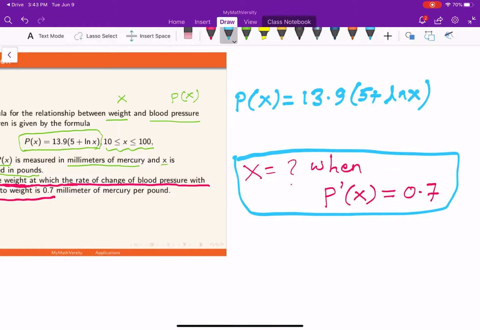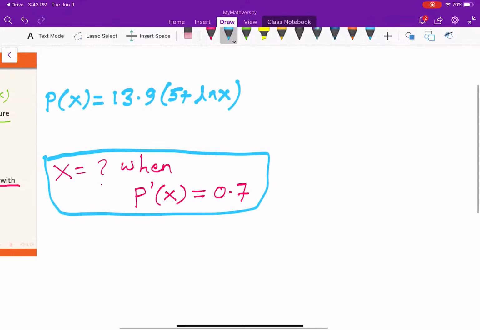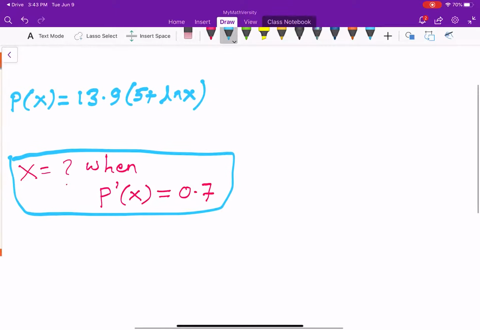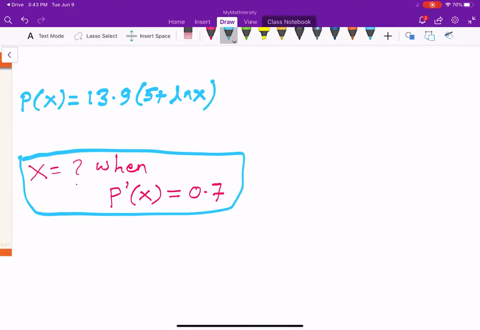Since we have extracted all of the necessary information, let's focus on this. We have P of x equal to 13.9 times (5 plus ln of x). Our goal is to find x when P prime of x equals 0.7. To find x, we need to see where this equation is satisfied.